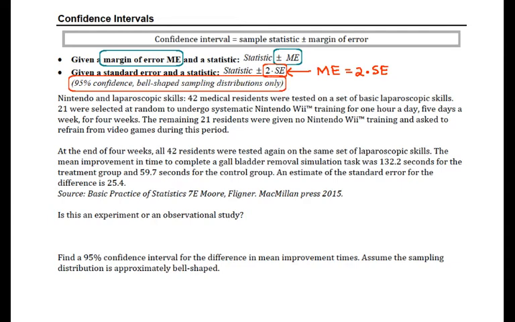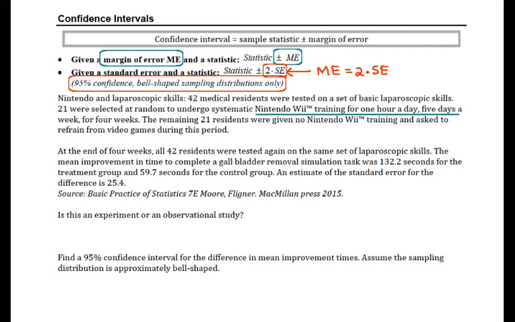So looking at an example of a study, we have our Nintendo and laparoscopic skills study coming up again. This involves 42 medical residents, some of which were told to play Nintendo Wii for 1 hour a day, 5 days a week. So that was my treatment group.